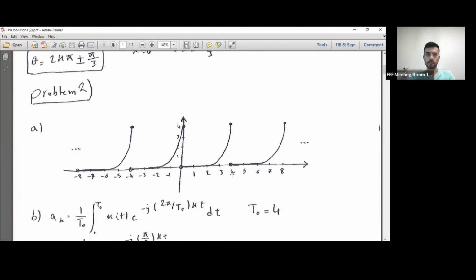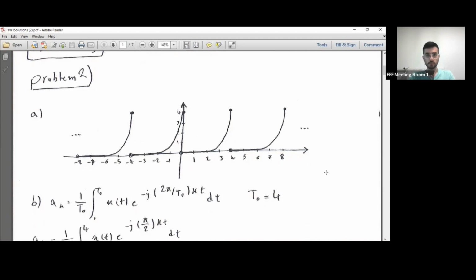Then we need to repeat this periodicity from 0 to 4, so you just need to shift 4 units. It starts from 4 to 8, and also on this side, from minus 4 to 0. So 3 periods are enough for the first part. If you draw and sketch more, it is possible, but at least we need 3.